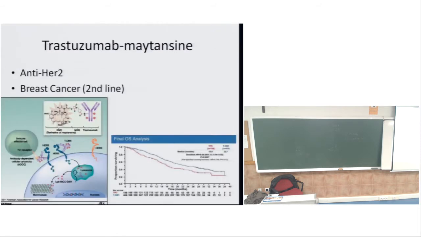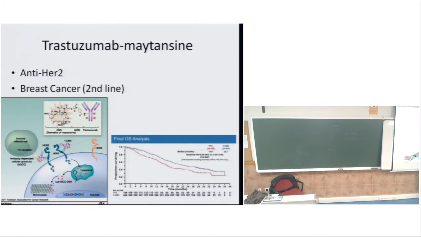So, based on trastuzumab, this anti-HER2 used in breast cancer, we can add this toxin, maytansine, that is able to block microtubule formation. Is the microtubule very important for tumor cells? Microtubules are part of the mitotic spindle. So every cell that wants to divide or proliferate needs to arrange the microtubules.